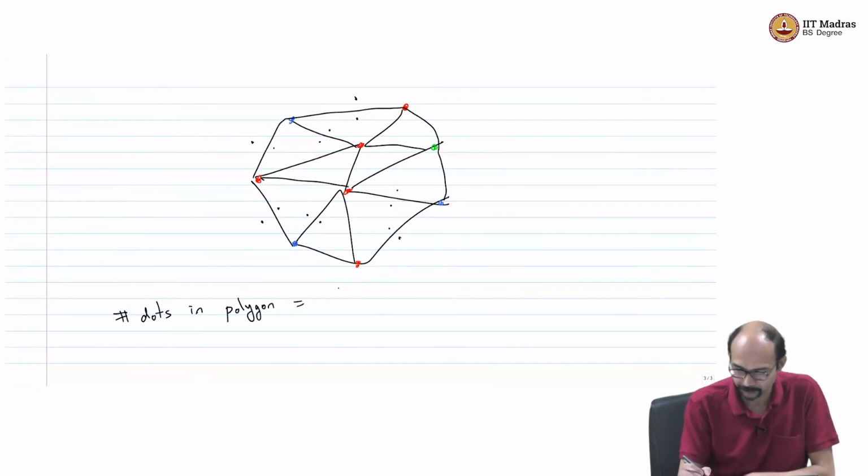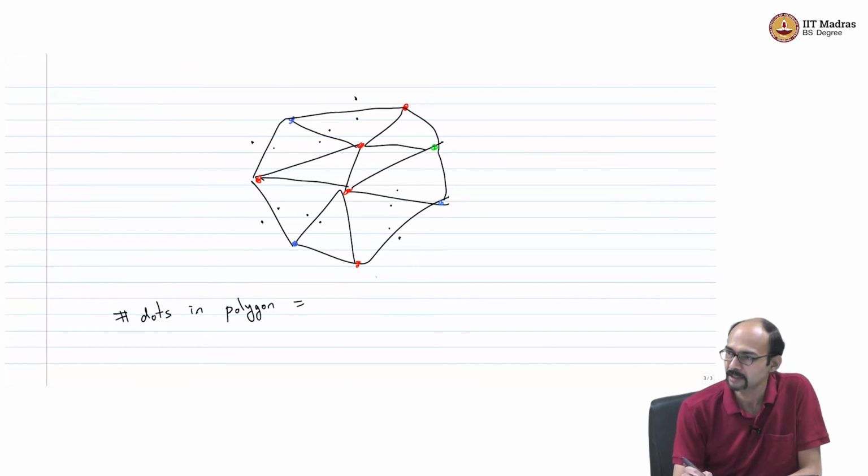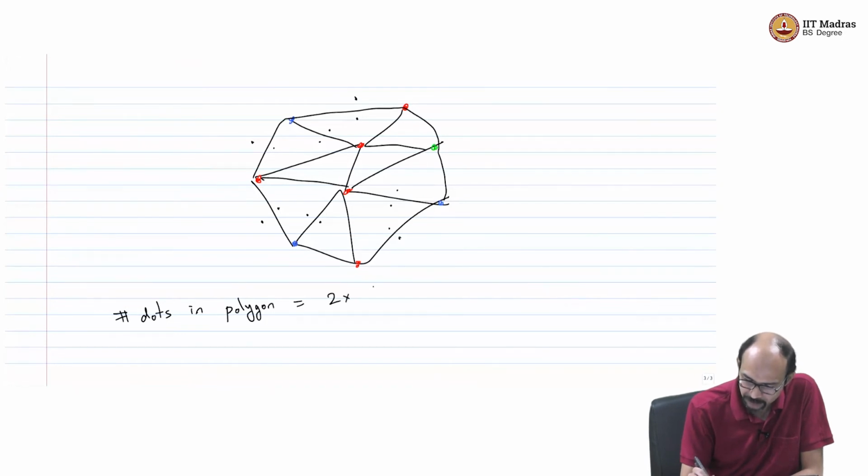How many are there? Every red blue side which is inside the polygon, like this one here, gives you 2 dots which are inside the polygon. So this is 2 times the number of red blue edges in the polygon.